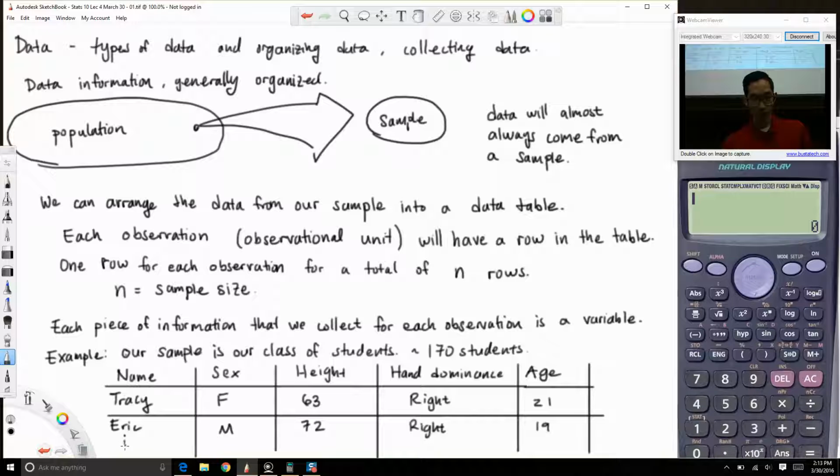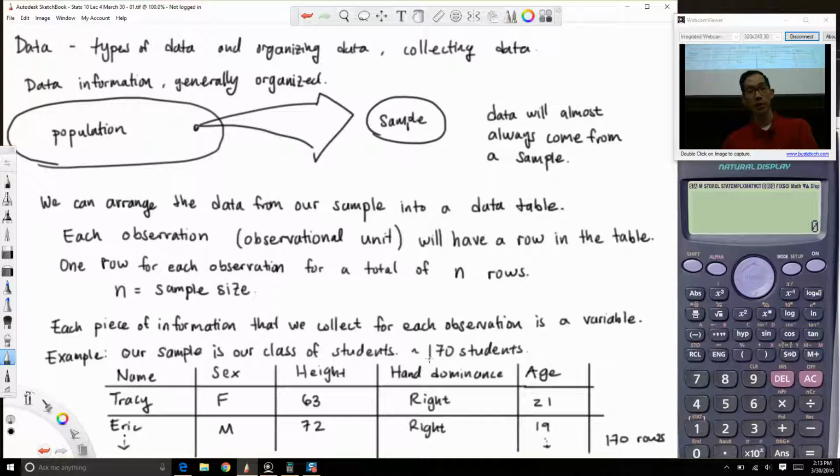And so on and so forth. So I'm going to just have arrows down for a total of 170 rows. Okay, so we have stuff like this. Now, as far as these column headings go, each column heading, or each column, is a variable.